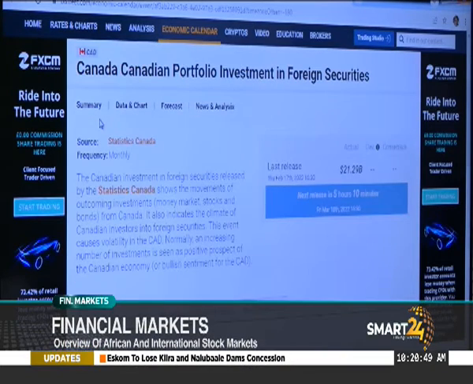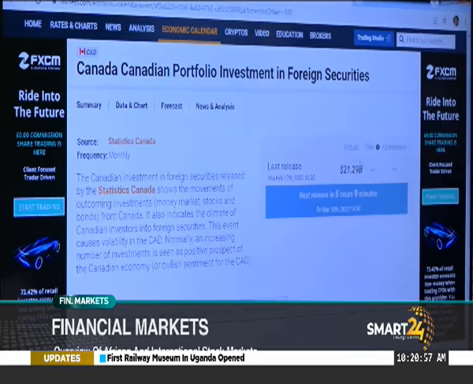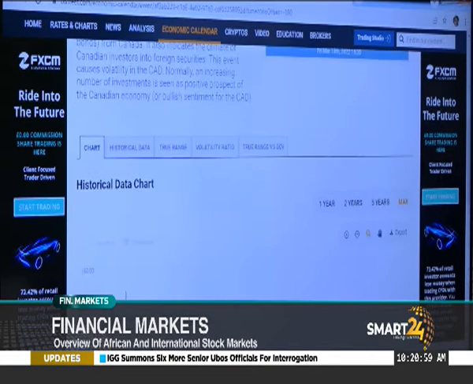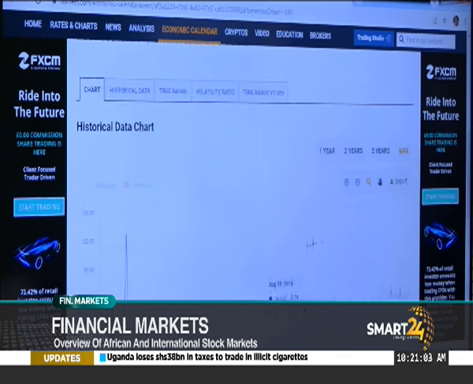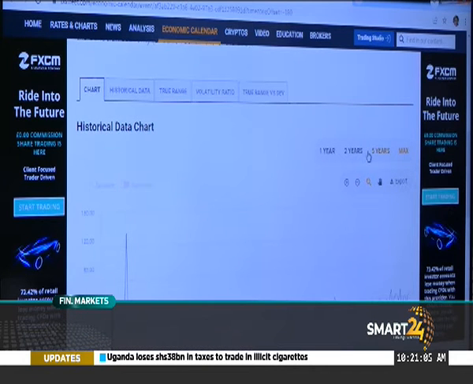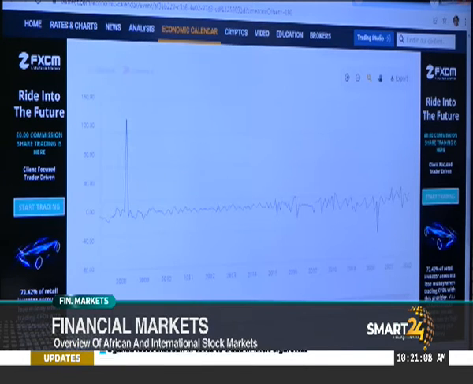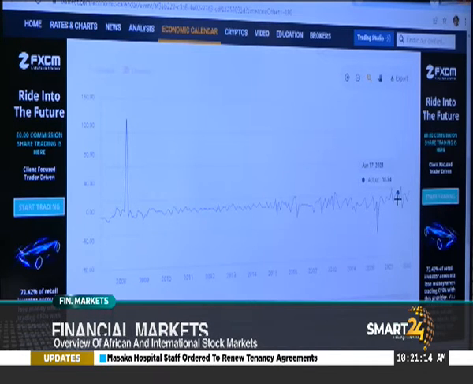This one is for the Canadian portfolio investment in foreign securities. The last release was $21.29 billion. This historical data shows the whole period from 2008 up to today. It's been moving like this, so you can know what to expect from that.